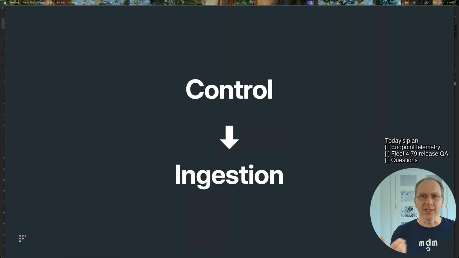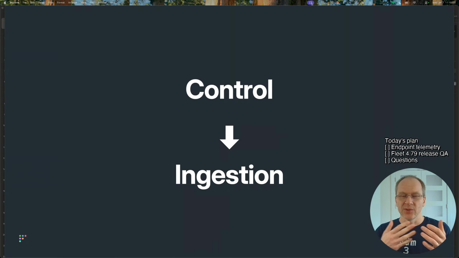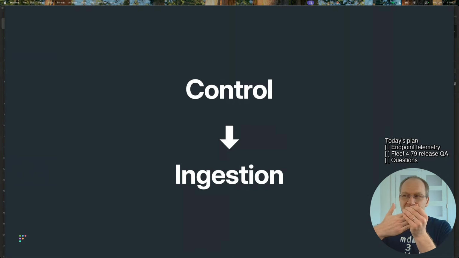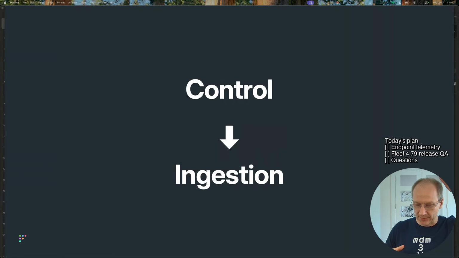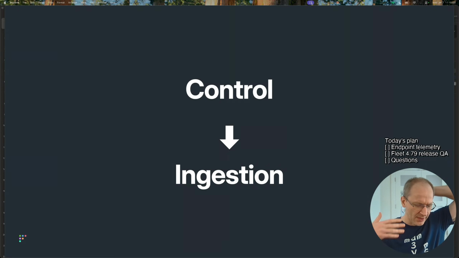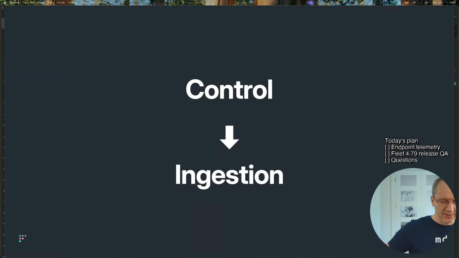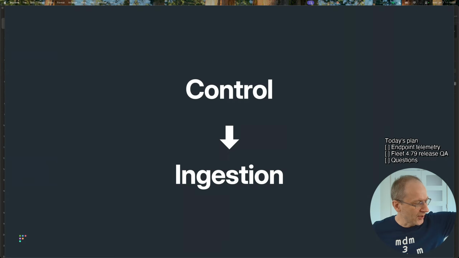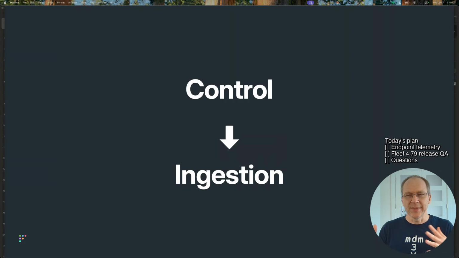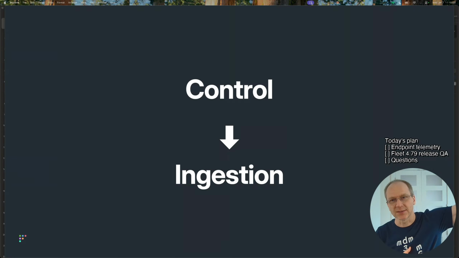OS query data comes to Fleet. Fleet, right as it gets it, sends it as a webhook in this example. It can also write it out to logs. There's other ways to ship data out of Fleet, but fundamentally Fleet itself doesn't have any buffering. As the data is coming in from OS query, it's just shipping it straight somewhere else.